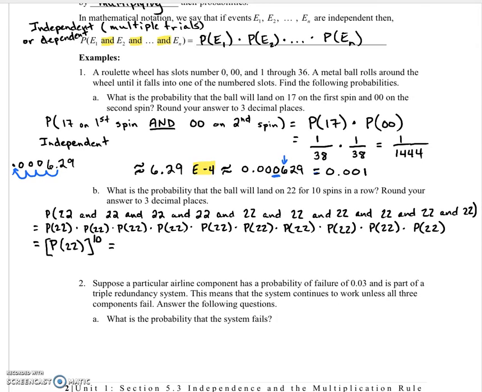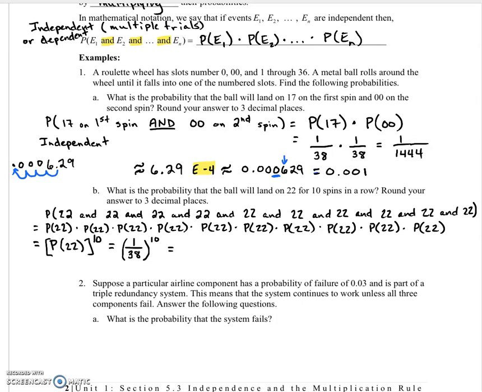So what is the probability of landing on the 22? Well, again, there's only one space labeled 22, and there are 38 total spaces. So we do 1 over 38 raised to the 10th power.